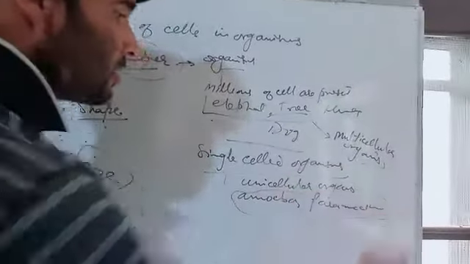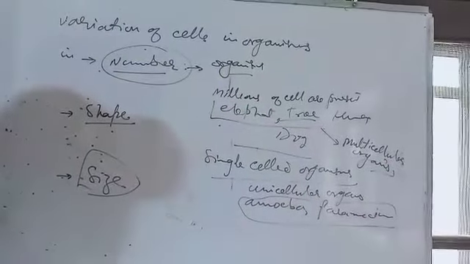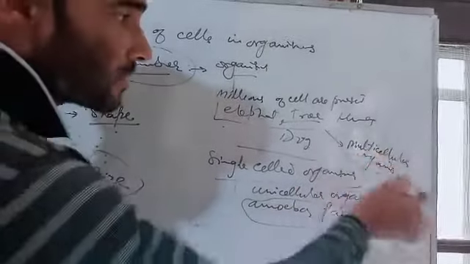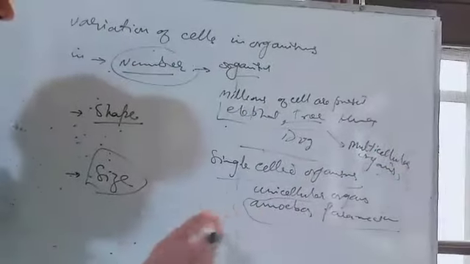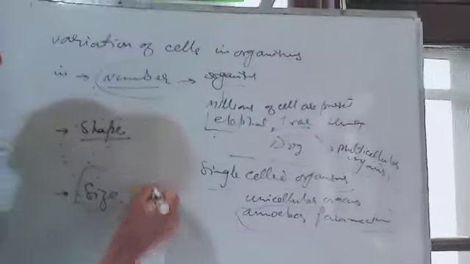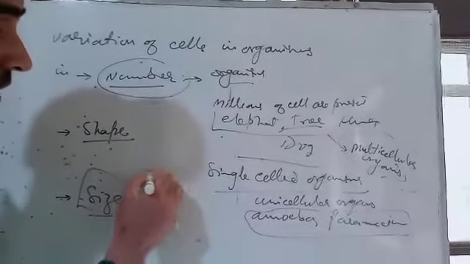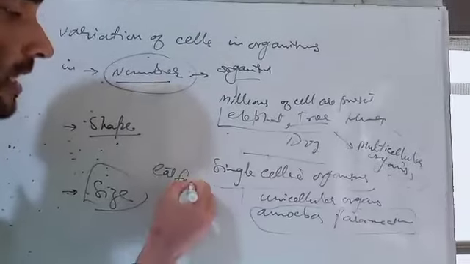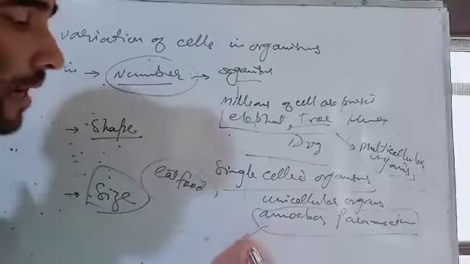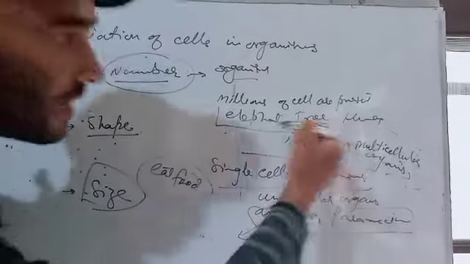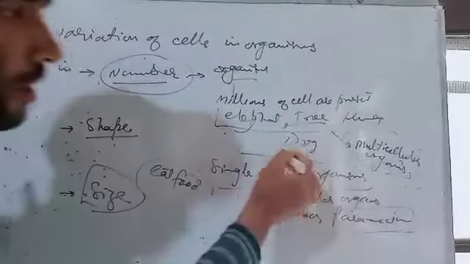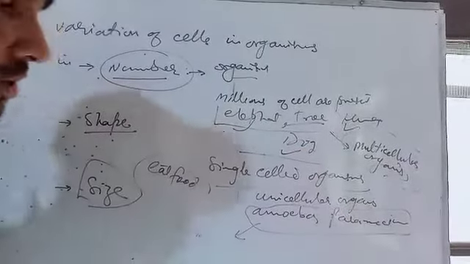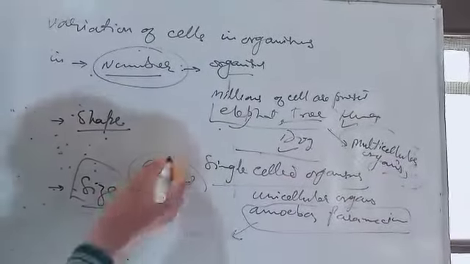These unicellular and multicellular organisms perform different types of functions. They eat food in the same way. Amoeba also takes food, elephant also takes food, dog also takes food, we also take food.